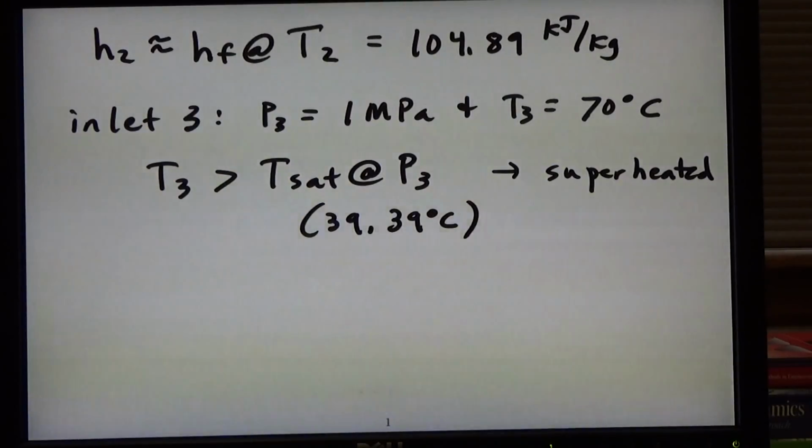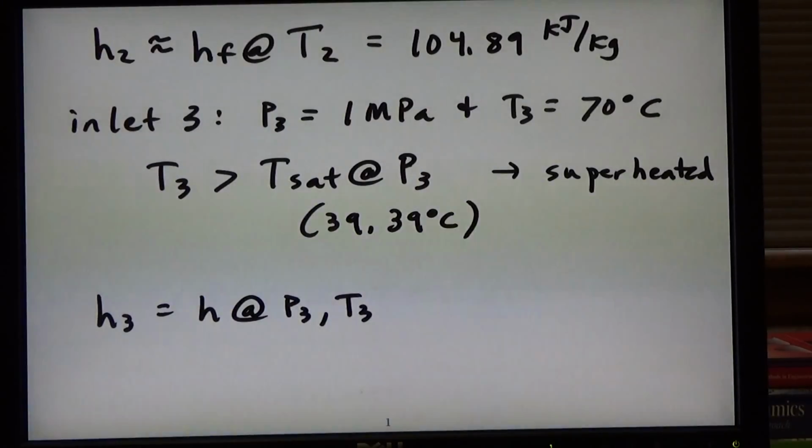So once we know it's superheated, we can get the property H from the correct superheated tables at P3 and T3. So going back into the tables, looking for pressure of 10 bar or 1 megapascal.